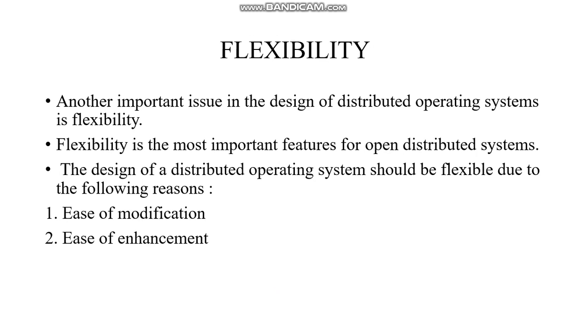And the next factor we have to consider while designing a distributed system is flexibility. It is one of the most important features. Two things: the system should be easy to modify, and it should be easy to enhance the features.